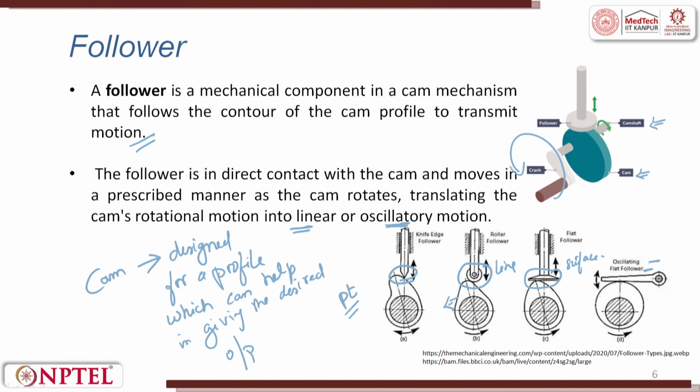Okay. So, you can have oscillatory, you can have linear, you can have a point contact, very precision, line contact, flat contact. Why is it moving from point to line to flat? When the pressure is getting distributed, the wear and tear of the follower will be reduced and digging inside the cam also will be reduced.